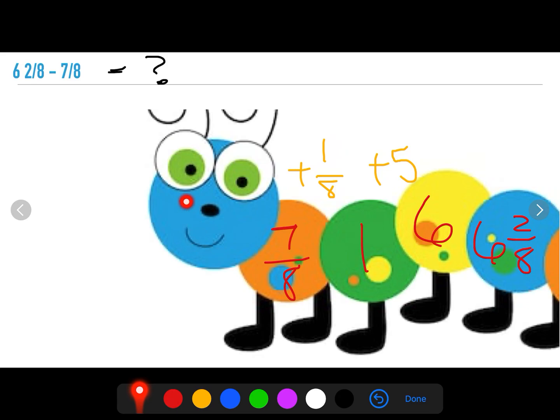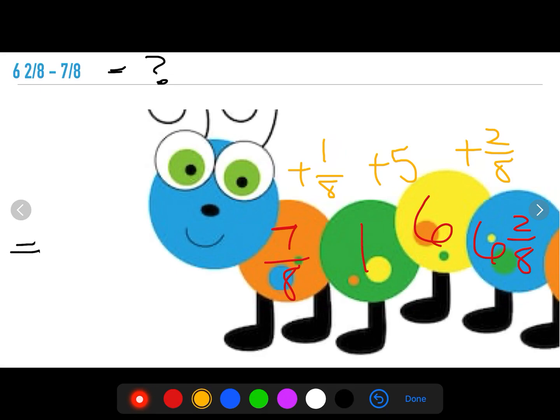Now, you guys, I filled in my entire centipede's body. Let's focus on our last 2 body parts. 6 wholes and 6 2/8. 6 wholes plus blank equals 6 2/8. If you said 2/8, you are absolutely correct. So now on the top of my centipede's body, I have 1/8 plus 5 wholes plus 2/8.